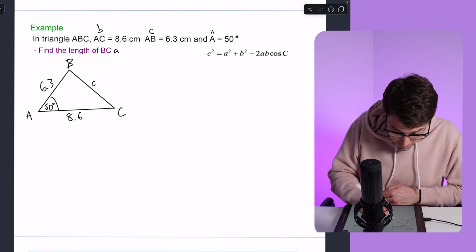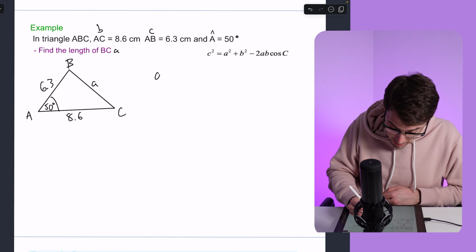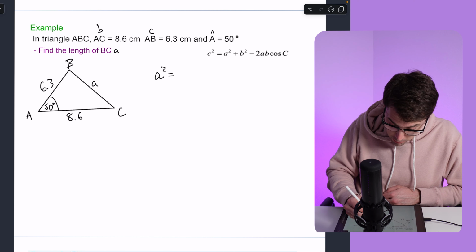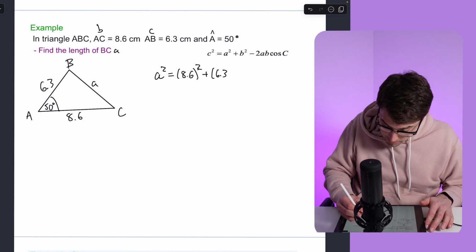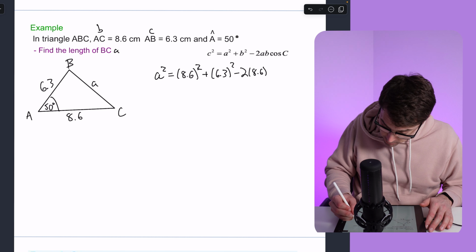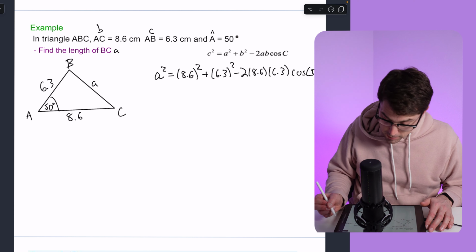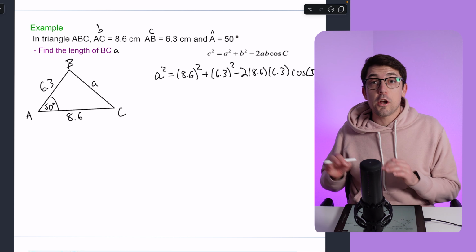If we want to find this a right here, I would know that a squared is going to be equal to, again, my other side squared, 8.6 squared, plus my other side squared, 6.3 squared, minus 2 times what those sides are, 6.3 and 8.6, times the cosine of 50 degrees, just like that.